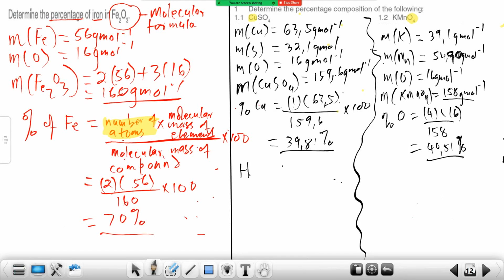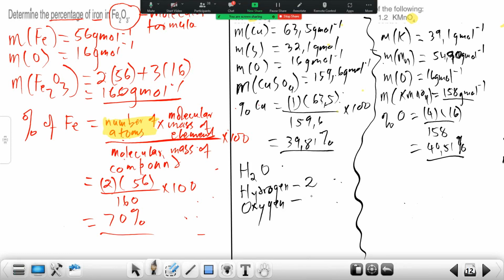For instance, let's say we have H2O. So H2O, Mr. Mochichi, for hydrogen, how many do we have? We have 2. For oxygen, how many do we have? 1. So these are the numbers that correspond with the number of atoms in this specific compound.